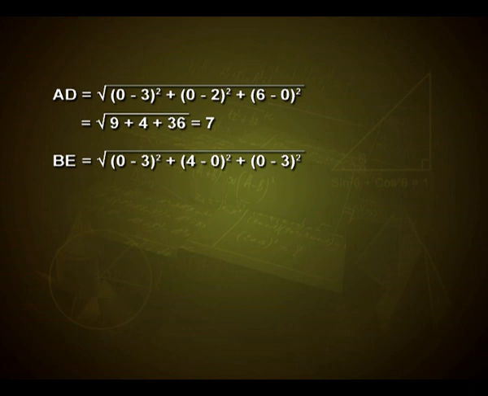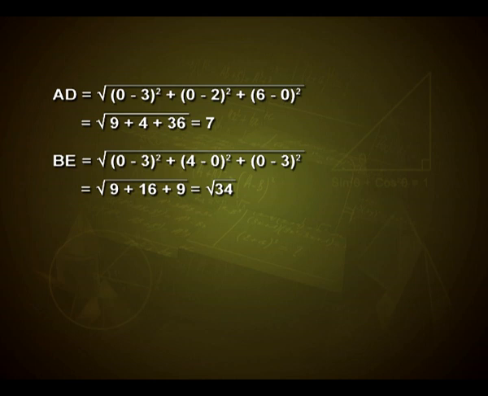Same way, BE is equal to square root of (0 minus 3) whole square plus (4 minus 0) whole square plus (0 minus 3) whole square, which on simplifying gives us square root of 9 plus 16 plus 9, that is equal to square root of 34.